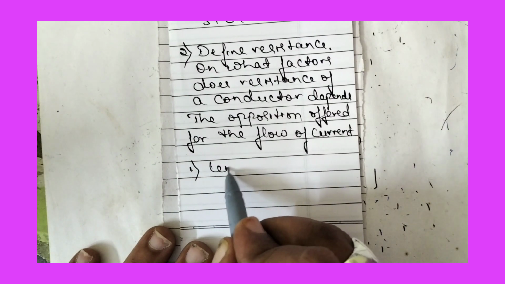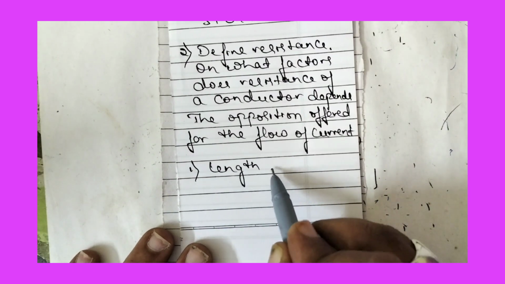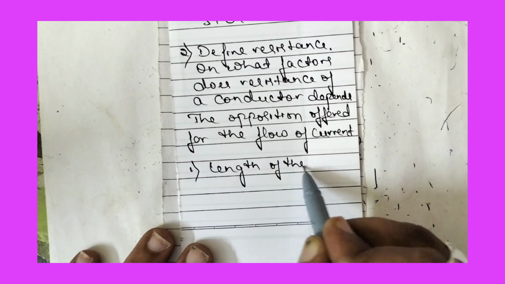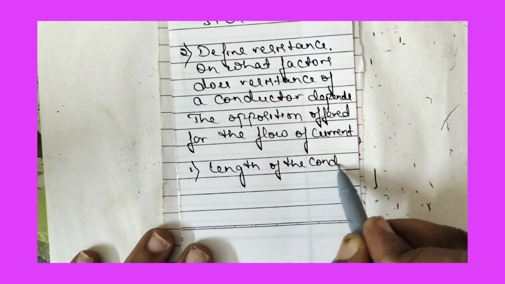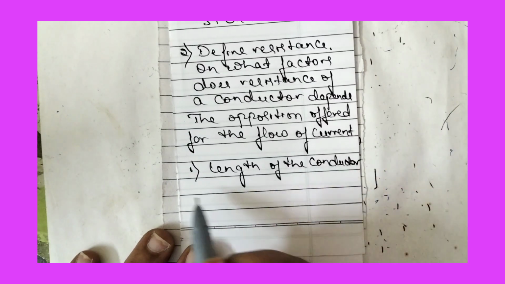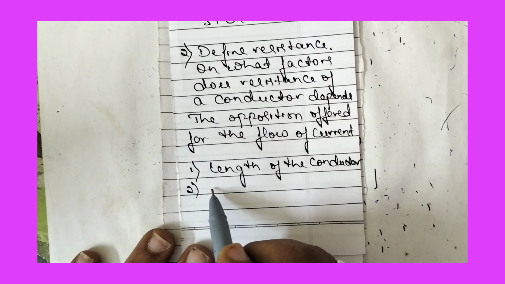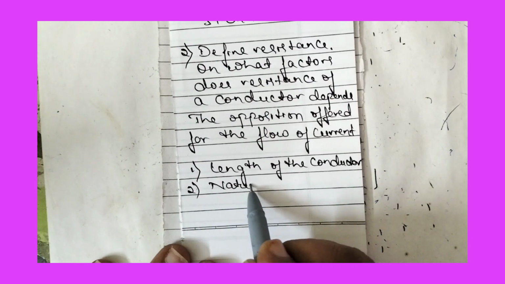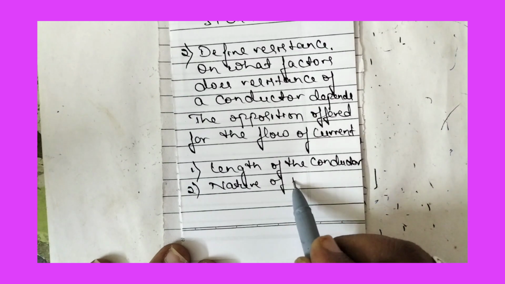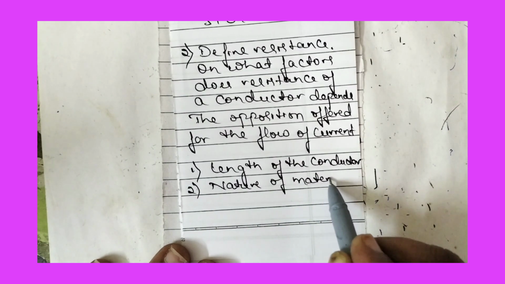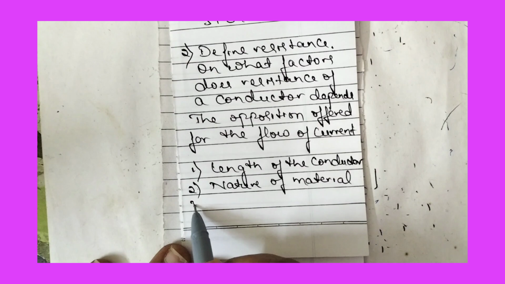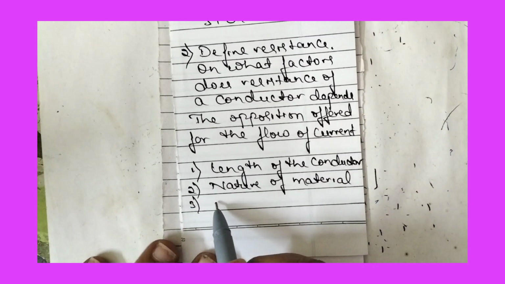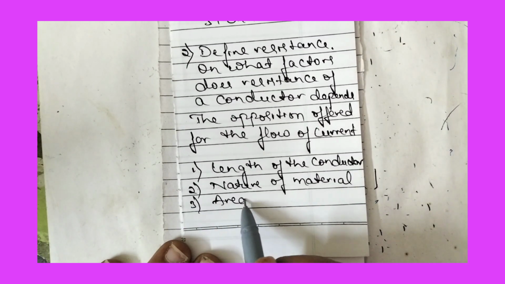So resistance depends upon the following factors. It depends upon the length of the conductor. First point. Second point, it depends upon the nature of material. Third point, it depends upon the area of cross section.